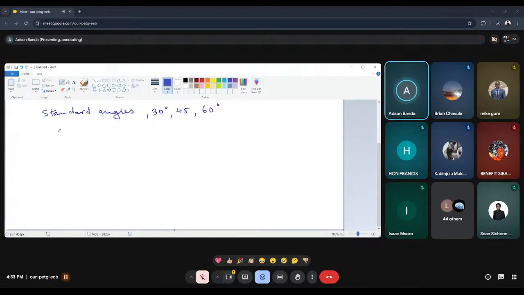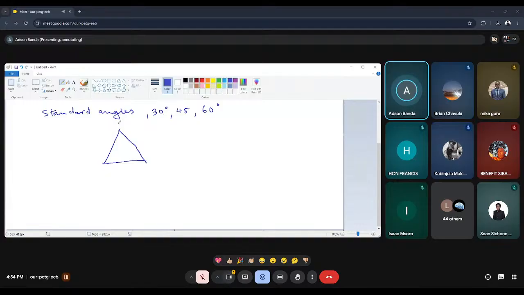So let's consider an equilateral triangle. So let me try to draw an equilateral triangle. I hope it will look better.